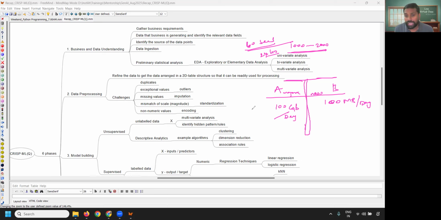Now, can you imagine the infrastructure that both of these companies require? In order to process 100 MB, I can probably use a very regular VM or regular server if I talk about on-prem, which may have 16 GB memory, or even 8 GB memory might be good enough.